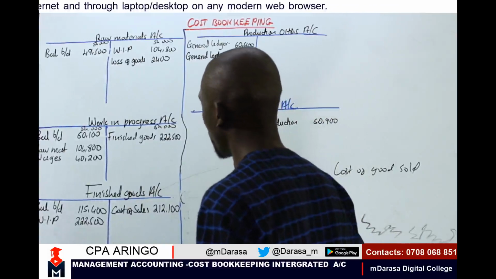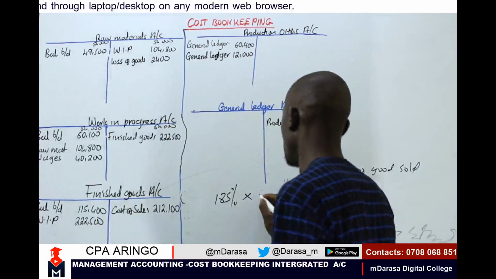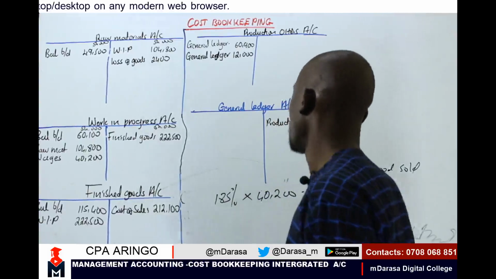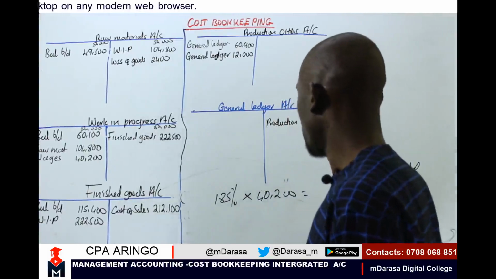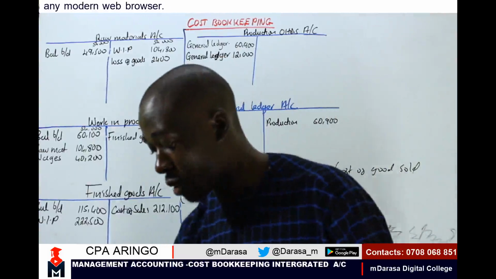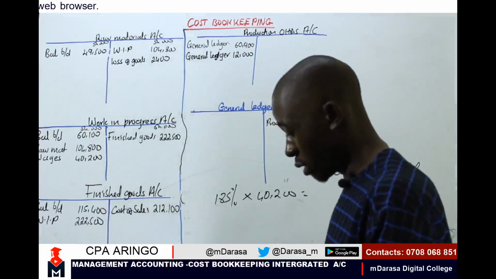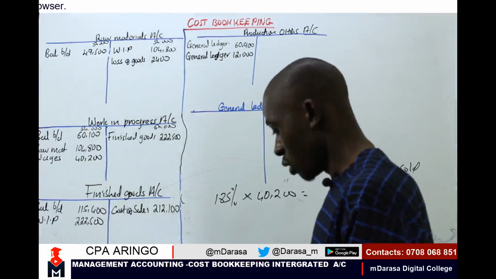Direct wages, we had wages of how much? 4,200. So that should give us 185%, 1.85 times 4,200.